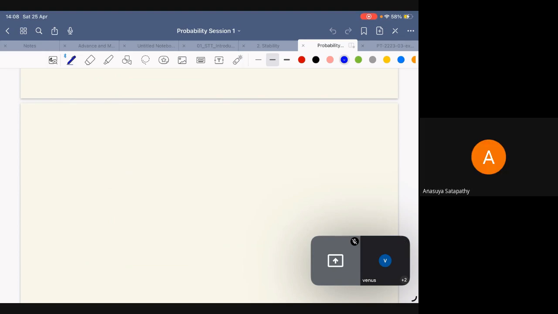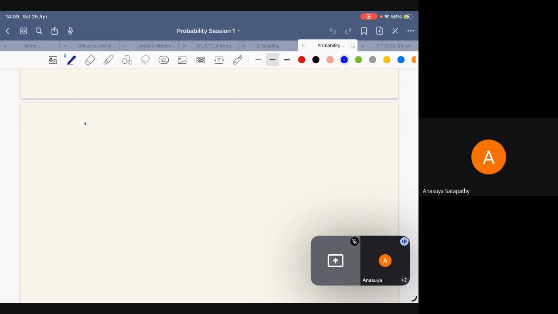Okay, so do you know what probability theory is? It's mostly based on theorems and lemmas, axioms, theorems, all these things we study in probability. But what is probability? It means the possibility of an outcome.